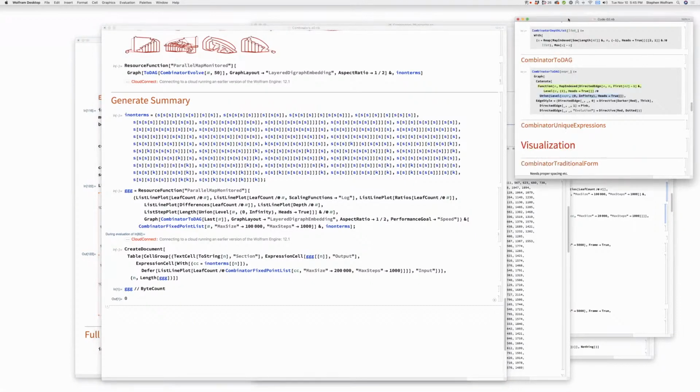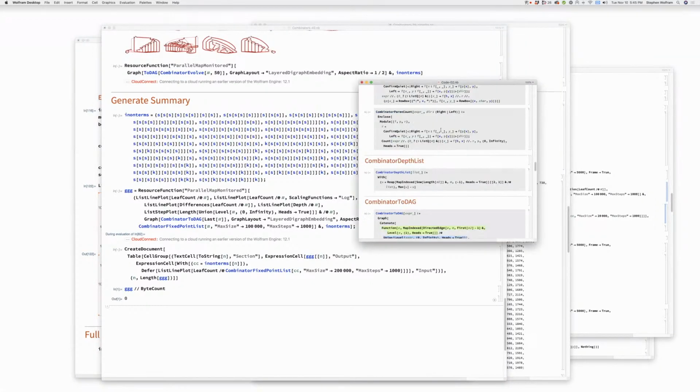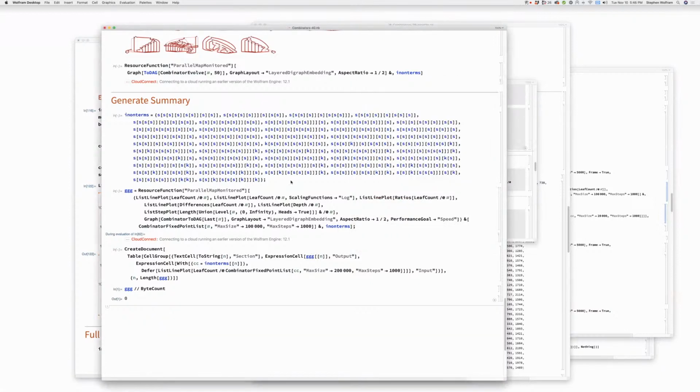Oh, no. Help. All right, I'm going to run a smaller version of this just so we can see something. That was horrifying. All right, let's go down to 25,000 steps and length 500.